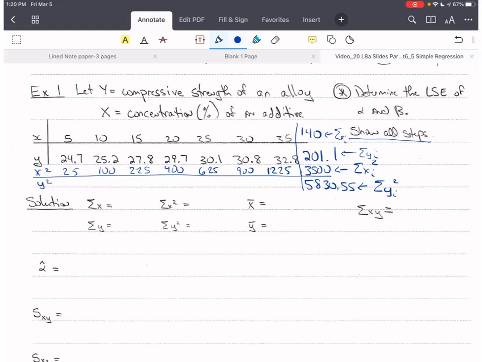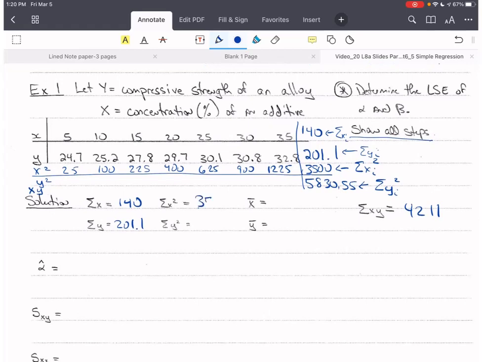Then we could do another line for x times y, and we find that the sum of x times y is 4211. So we have 140, then 201.1, 3,500, and 5830.55.